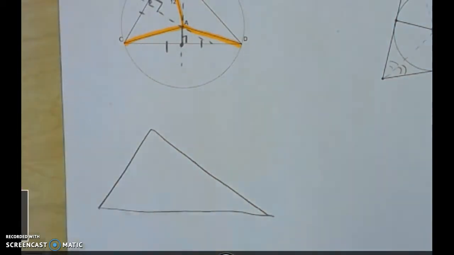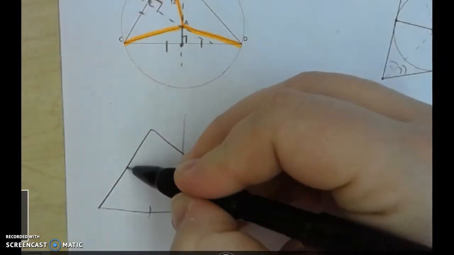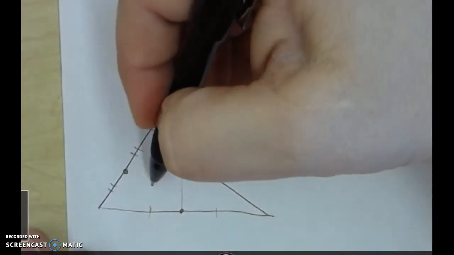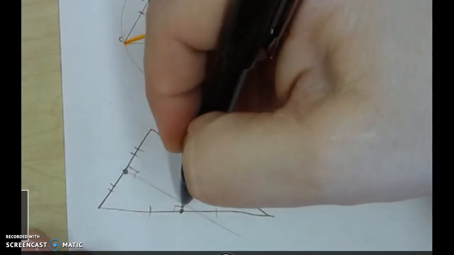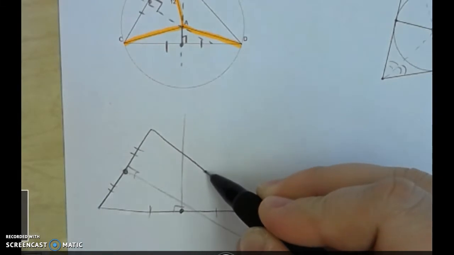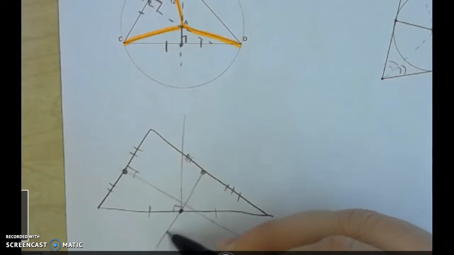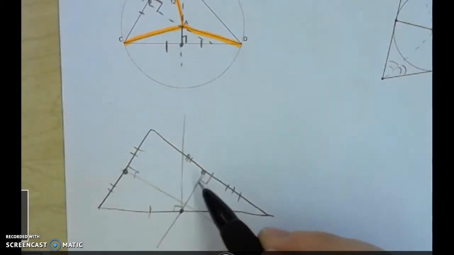It's not going to be super accurate because we're not folding or measuring, but I find the midpoint here, and draw a straight line, and find the midpoint on this side, and draw a straight line, and then find the midpoint on this side, and draw a straight line. You should notice that they should all cross, and it's a little off.